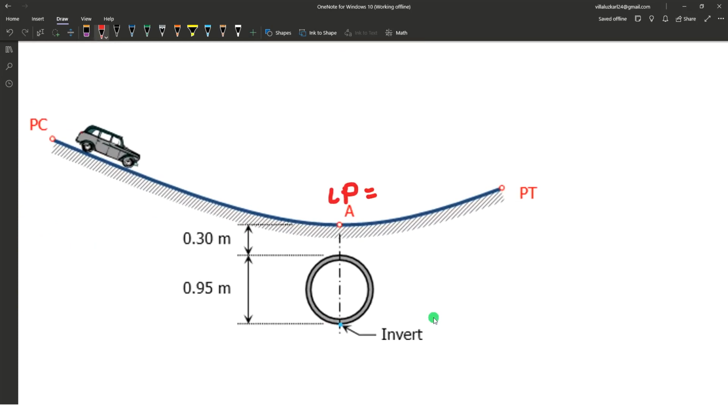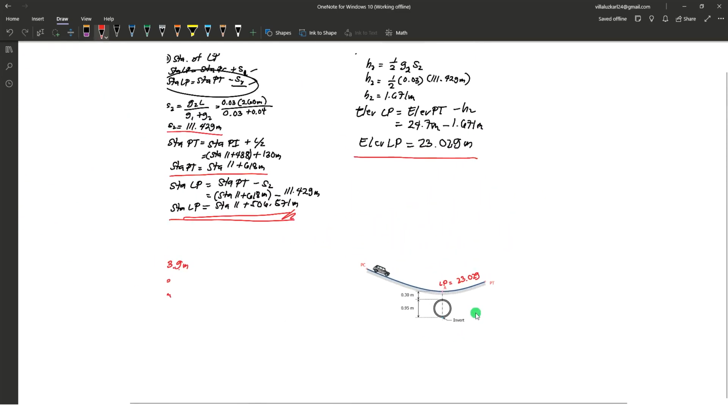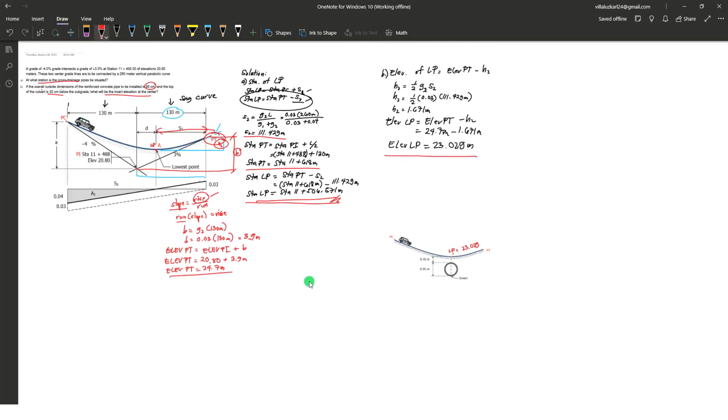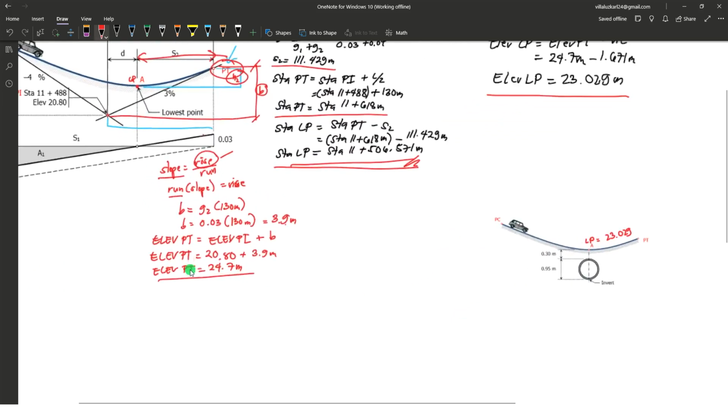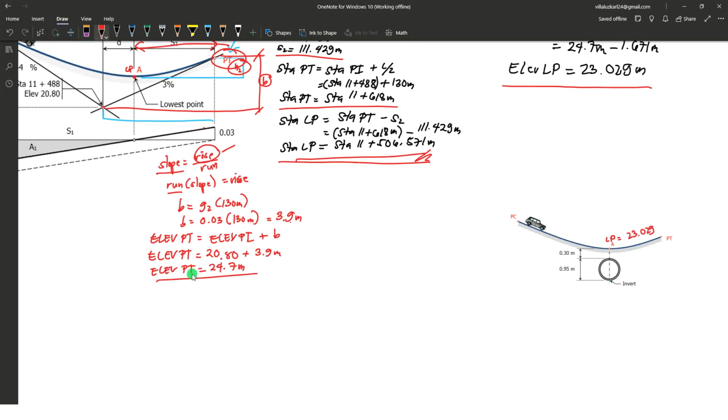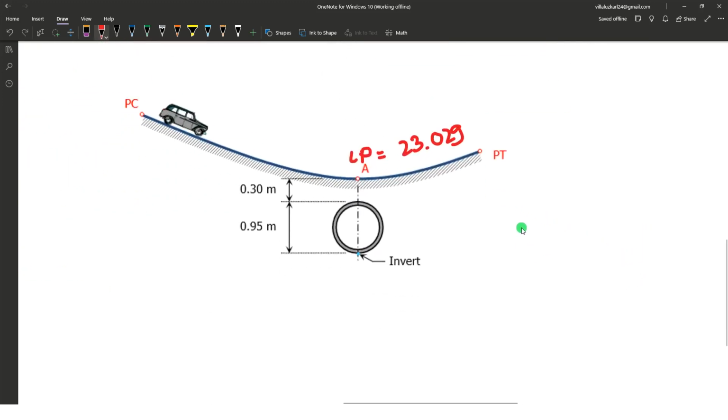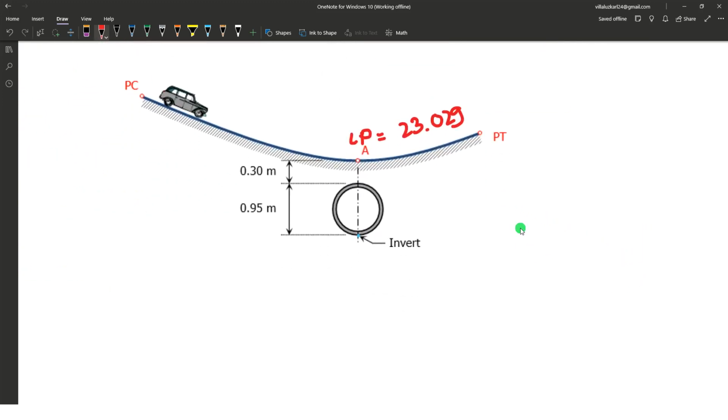Let's substitute now the elevation at the lowest point, which is 23.029. So the solution for the invert elevation is equal to 23.029.